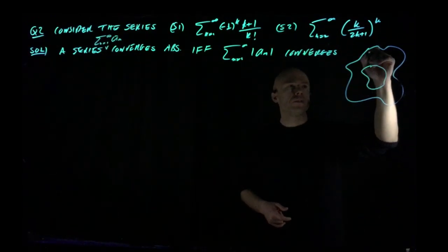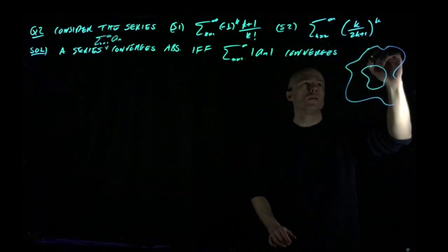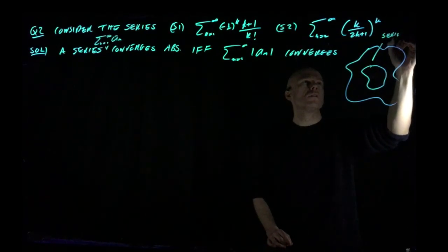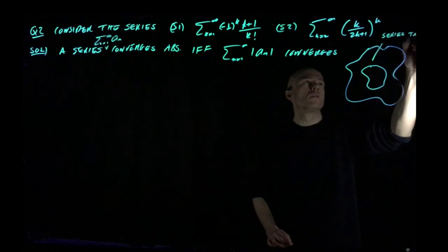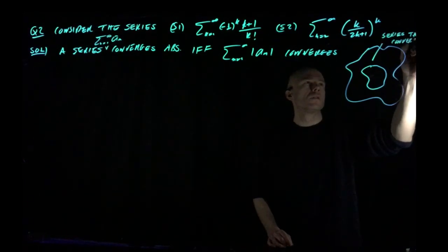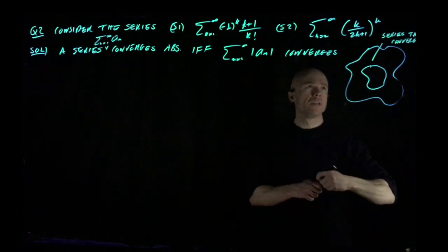So if we denote the set of series that converge as the outer blob, and the inner blob is things that converge absolutely.